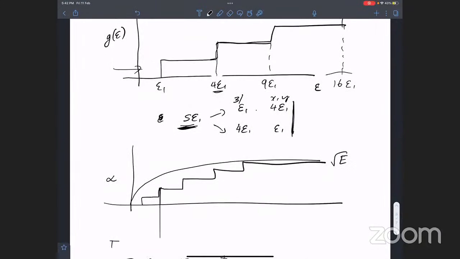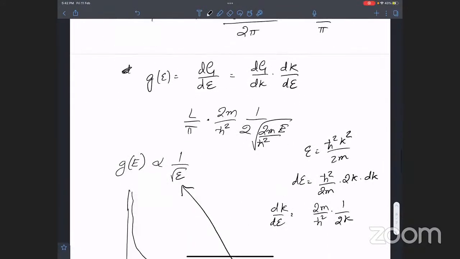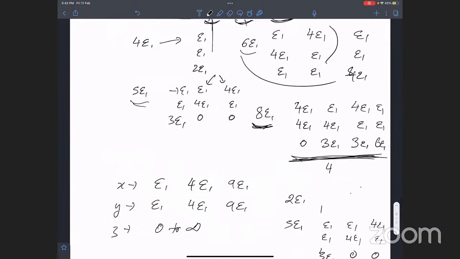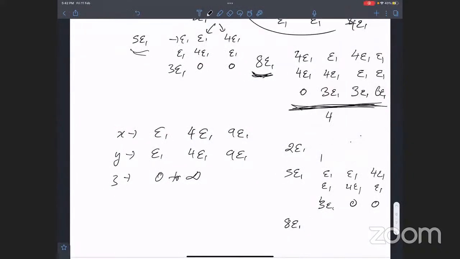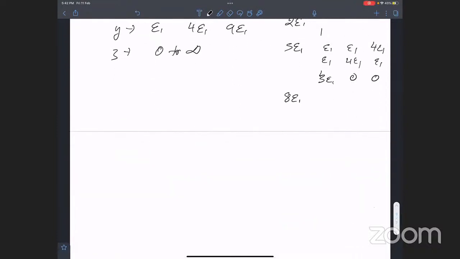Sir, this is the way of representation, how to fill, like how many ways? What does this represent mainly? See, let's say the total energy is 7E1.